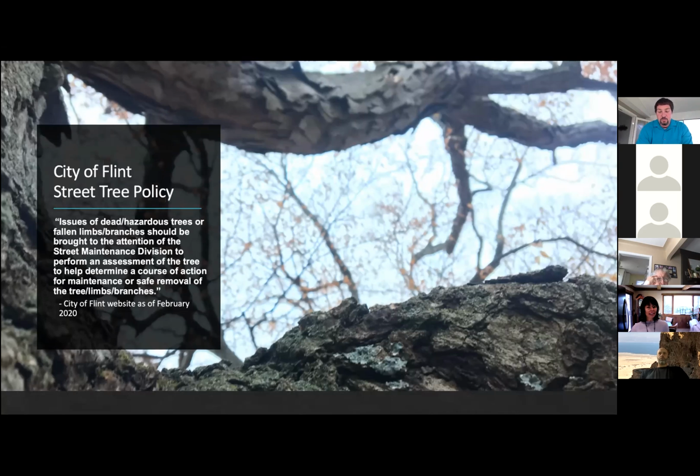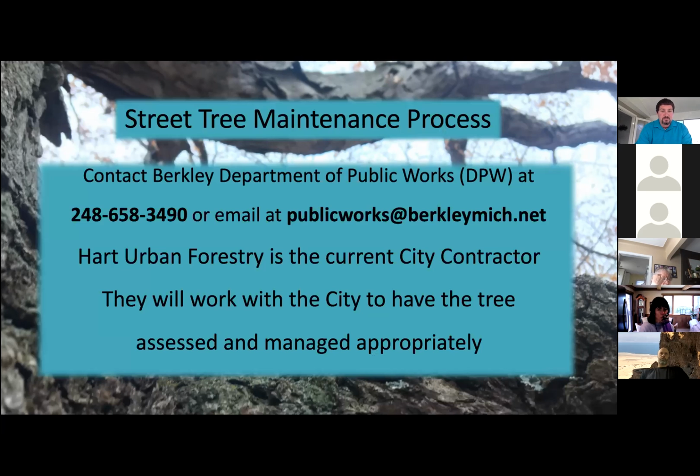It's not so much a matter of aesthetics as much as we try to make it that. First and foremost, Public Works is trying to do their job of making sure that the city infrastructure is intact. For the street tree maintenance process for the city of Berkley, this is the phone number they can be reached at, or that is their email address.